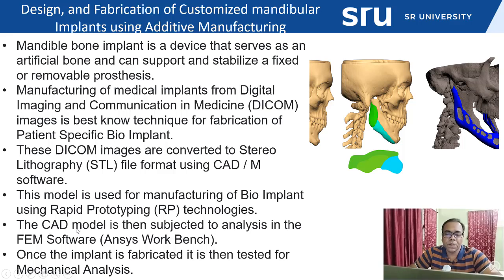After that you can go for the FEA analysis, so that the strength and stress formation are clearly visible and within the permissible limit or not. Those things will also be performed, so that a proper parameter analysis can be done.